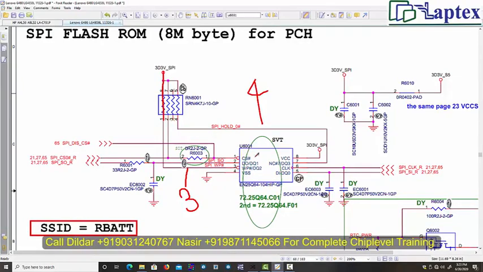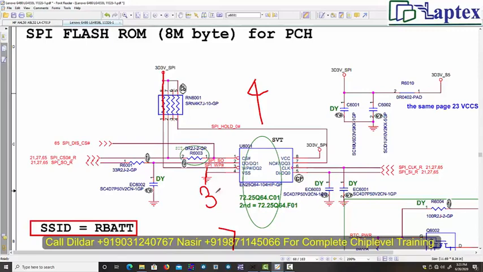If during the communication the BIOS finds that something is going wrong or some mismatched data is coming into the BIOS, then the write protection pin will lower its value. It means its voltage goes lower and will stop the entire BIOS from communicating with the PCH. It will save your PCH from blowing up, or you can say from a short circuit.